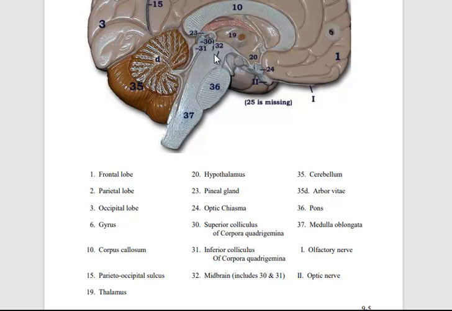So it's behind that, and it's above the medulla oblongata, which is right here, this part. So there's your midbrain. There's your superior and inferior colliculus of corpora quadrigemina. And that should be about everything on that particular slide.